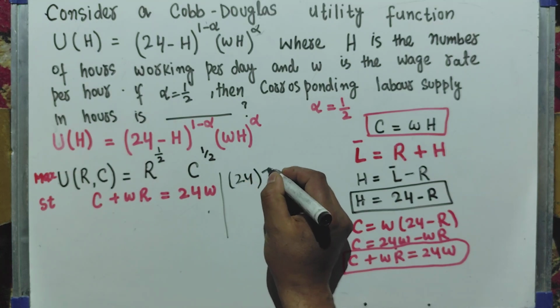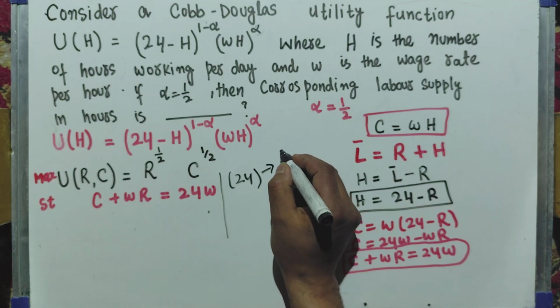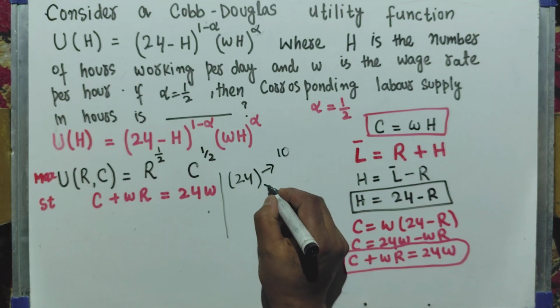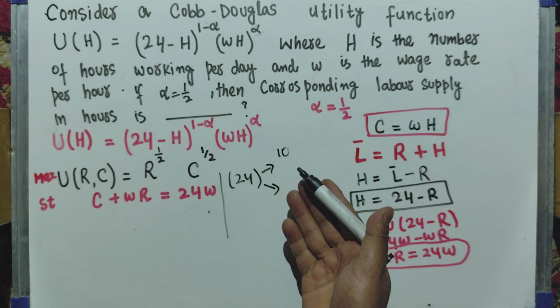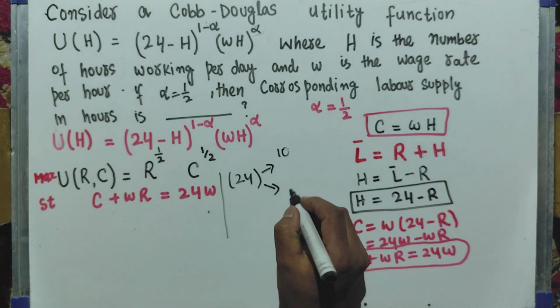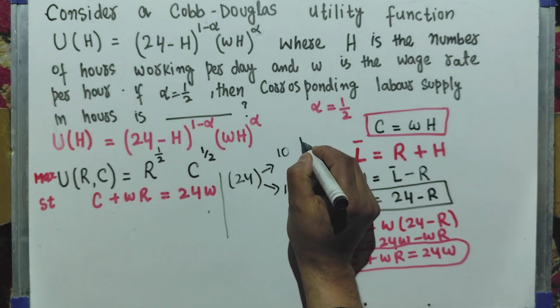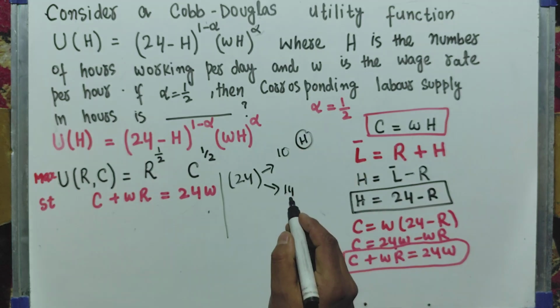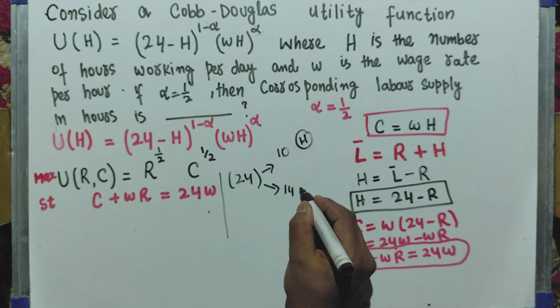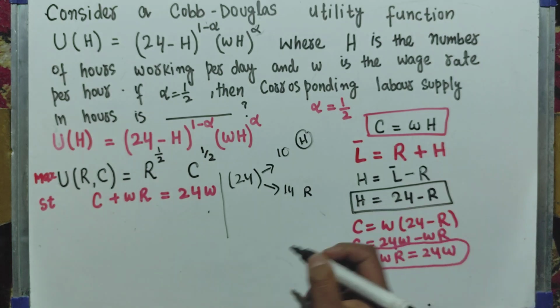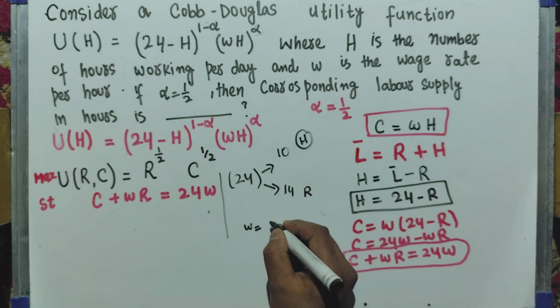In 24 hours he is working for 10 hours, and 14 hours are left for leisure. For the sake of simplicity, let us say the wage rate is $1.